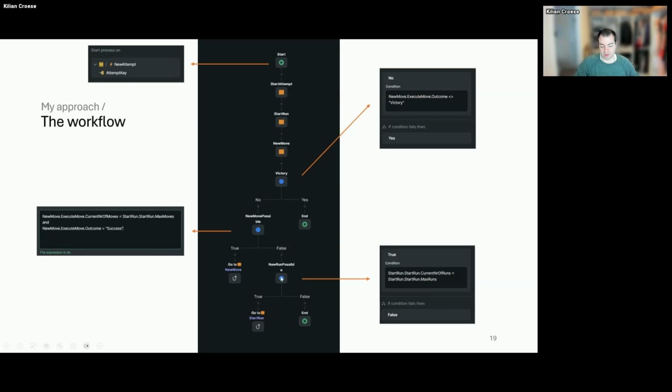And if we cannot, we were done. So basically there's two loops here. So while in a run, we can still move. We go basically this route. So we go here. And then if either we died because we walked into a trap or we exceeded the maximum amount, then we checked whether we could start a new run, and then we start a new run and start moving again.